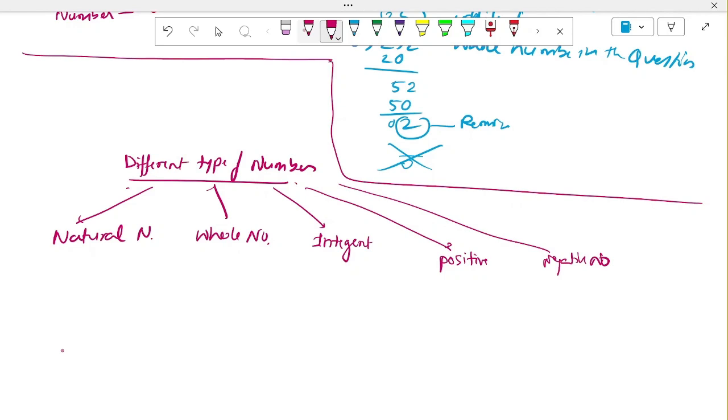and then again we will have non-negative numbers. Recently I have taught this in the class.